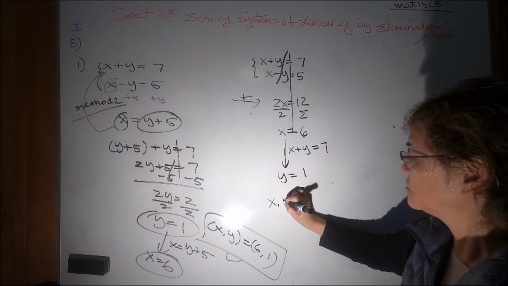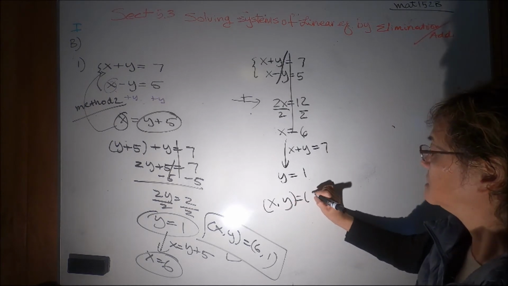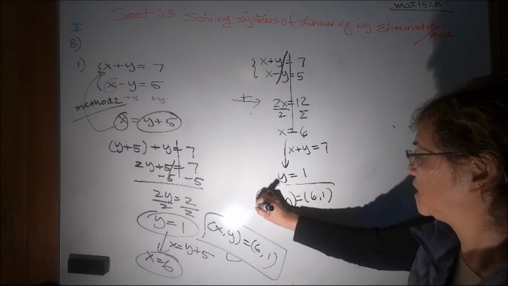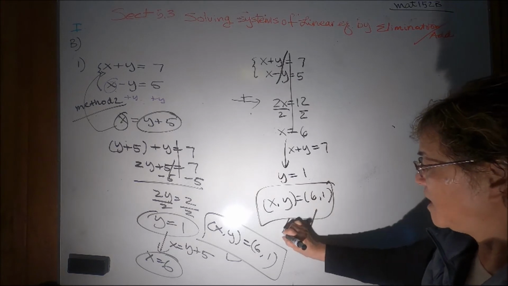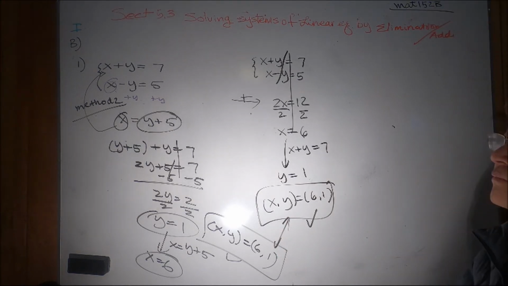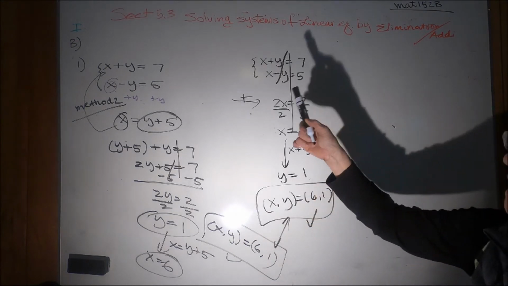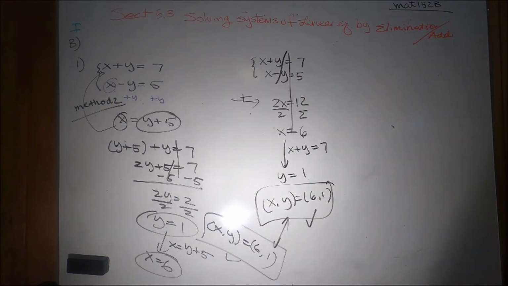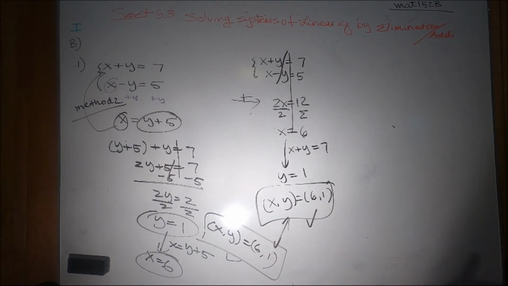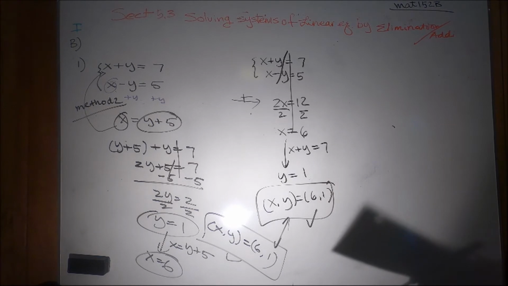So your answer is what? (x, y) equals (6, 1). Then you check. Do we have the same answer? Different methods, but since they are the same questions, should we get the same answers? Right? Just different methods. That's how we do it.